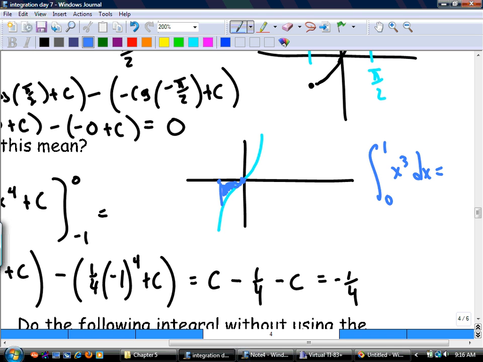Positive 1/4. Quickly, what's the answer to this question? 0. Why? Because it's got point symmetry at 0, 0. It's an odd function. Bang. Odd functions, when you're going the same distance from 0, 0, when you add up the areas, you're going to get a net value of 0.